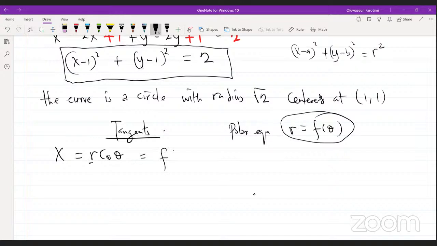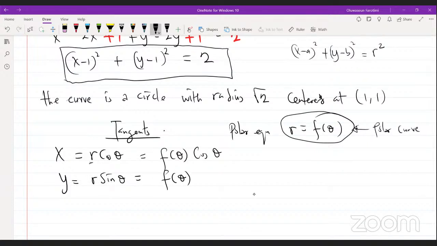So this guy becomes f of theta cosine of theta. This is the polar curve. Y equals r sine of theta. We'll do the same thing, f of theta sine of theta.